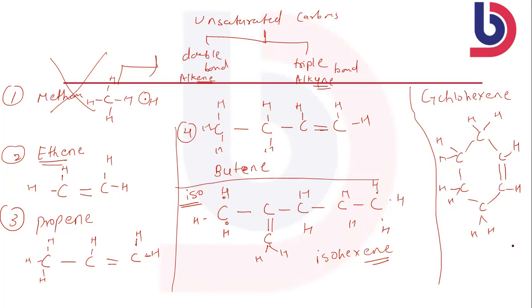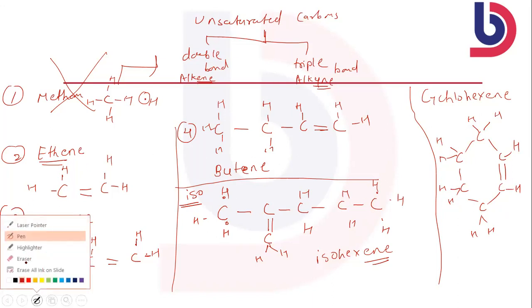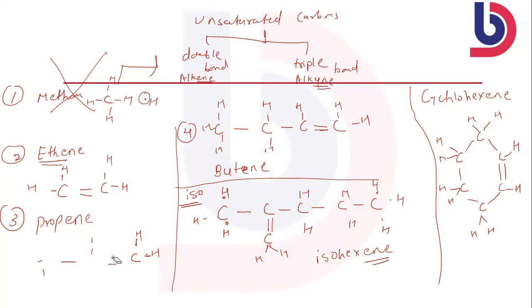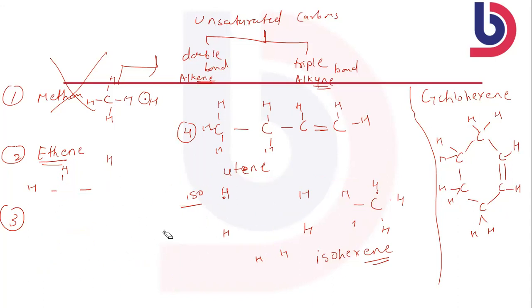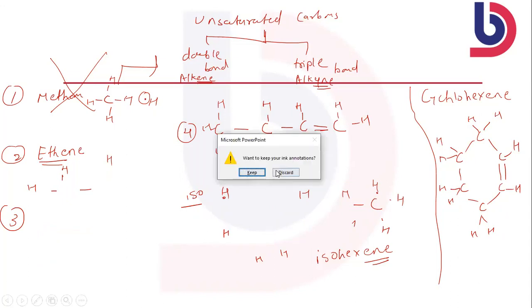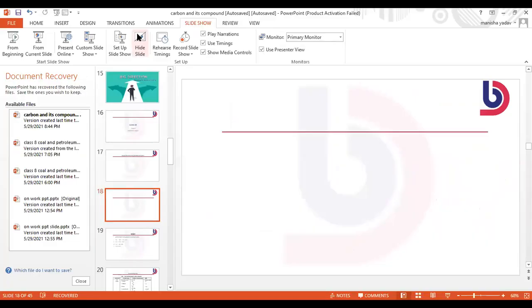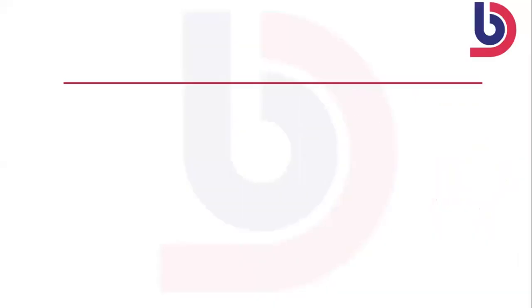So this is all about alkene. Now please try the reactions of the remaining hydrocarbons for the alkene. Take it as homework. Now the next group is your triple bond, which is known as alkyne. So let us proceed with alkyne.